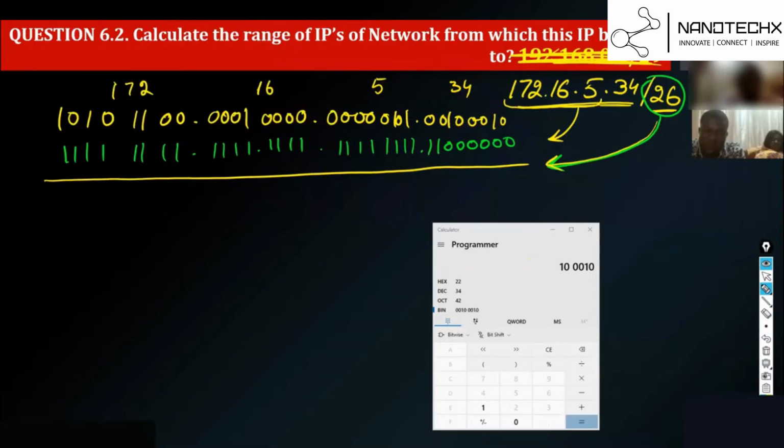Okay, so let's multiply them. Very easy. It will be the same thing, 10101100 dot. The same thing, 0 multiplied by 1 will be 0, 00010000 dot. Again 0 multiplied by 1 is 0, 00000101 dot.